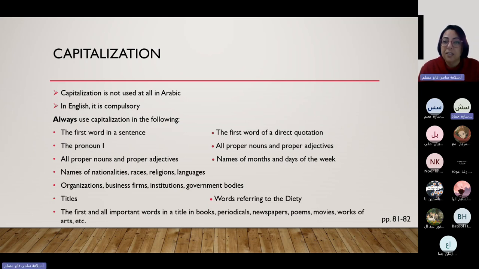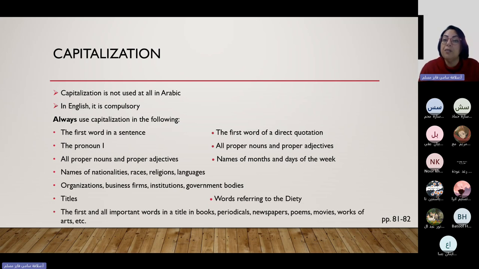Nationalities. Countries. Yes. Well-known places. Days, months, rivers. Organizations. Exactly. We use capitalization in many places.